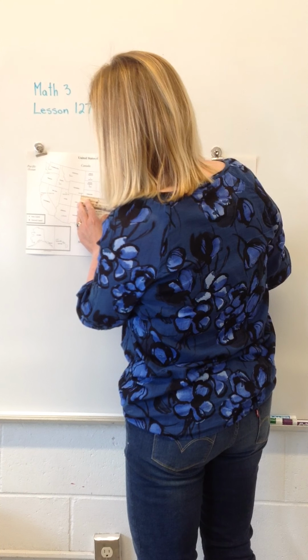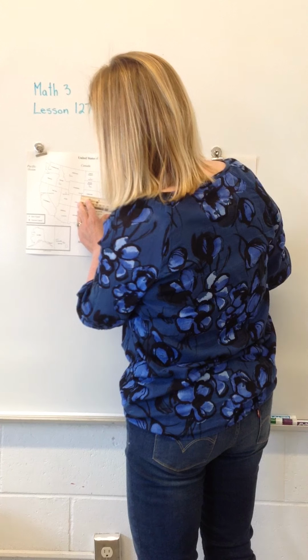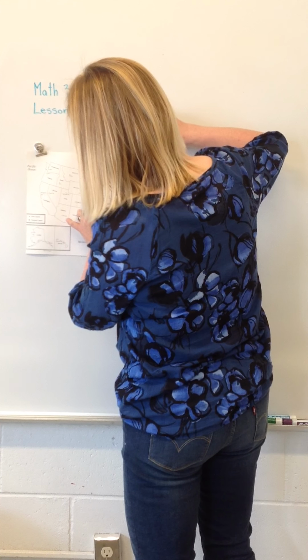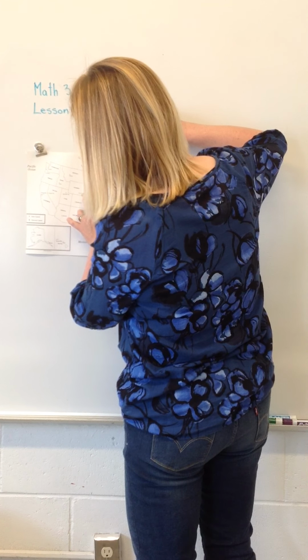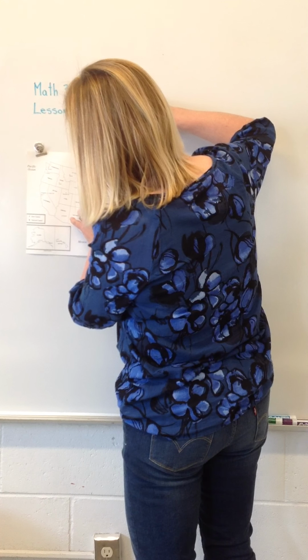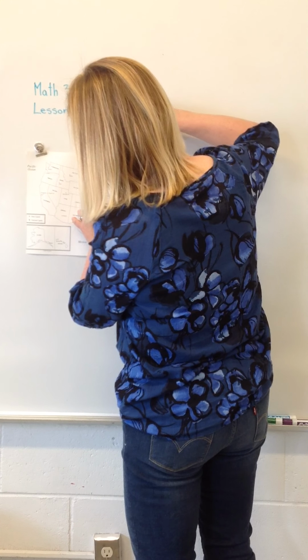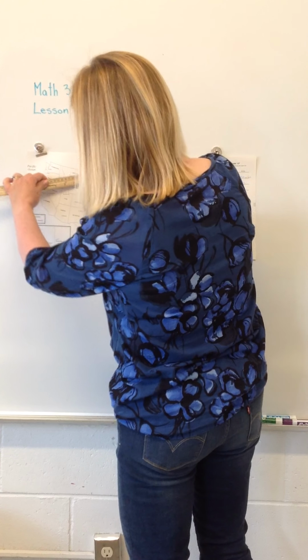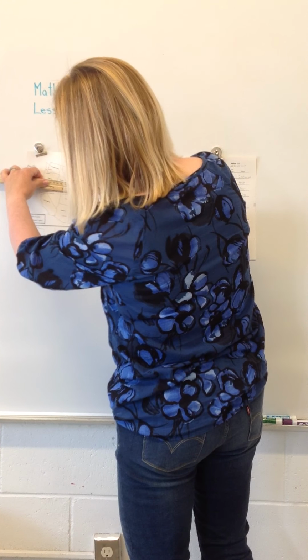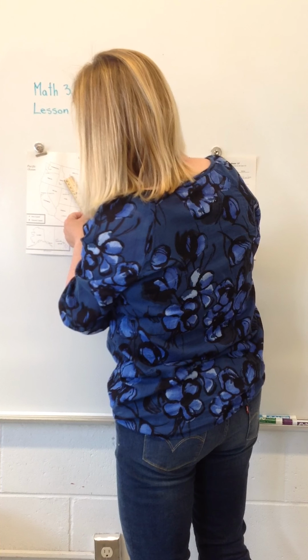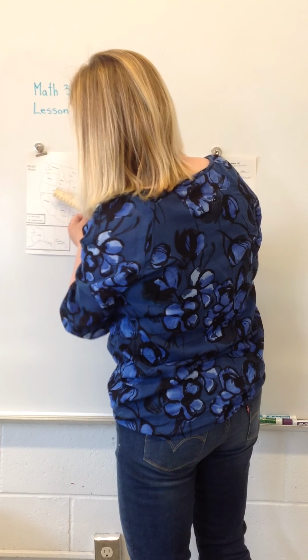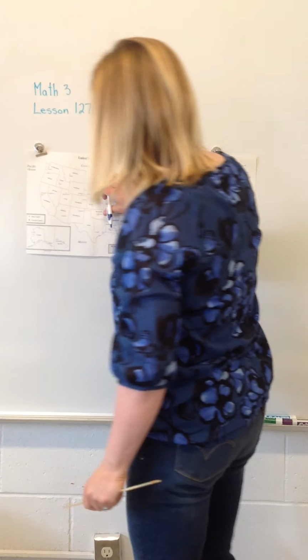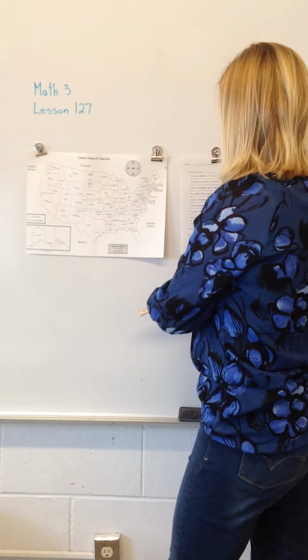Ooh, Lincoln's pretty close. Bismarck is good. Pierre's too close. Bismarck, Lincoln, wonder. No, Salt Lake City's too close. Helena's too far away. So is Boise. So you could say Bismarck and Lincoln.